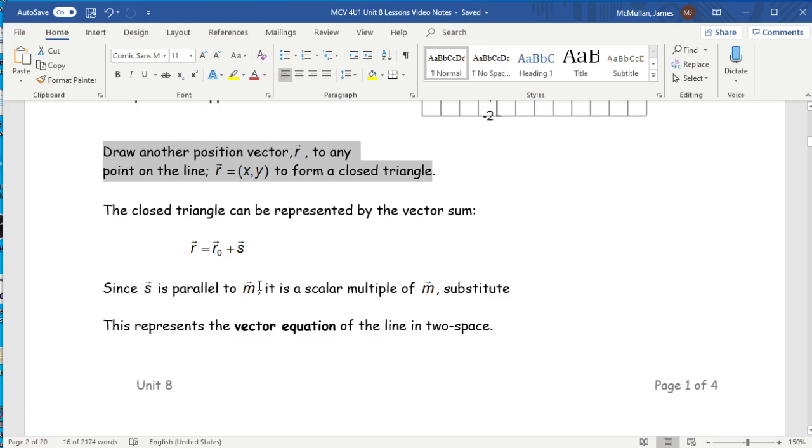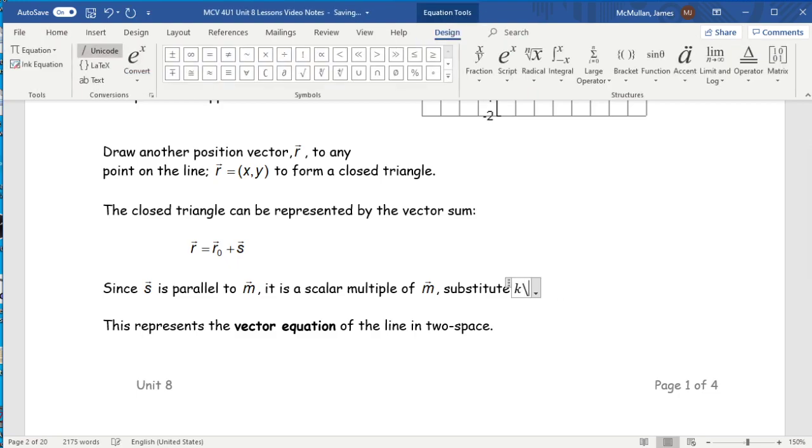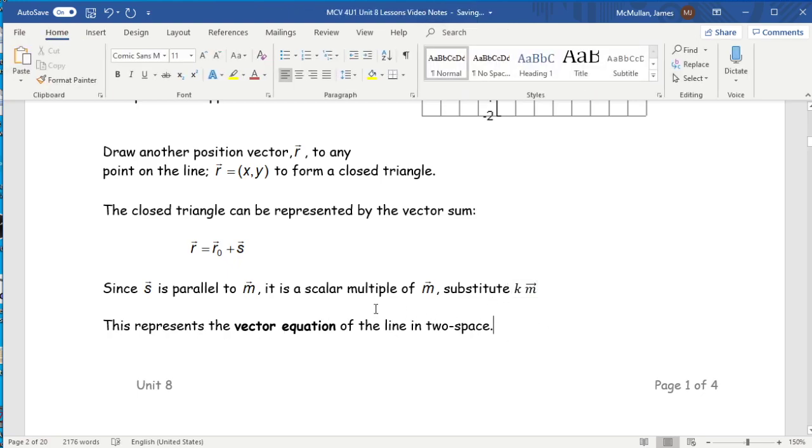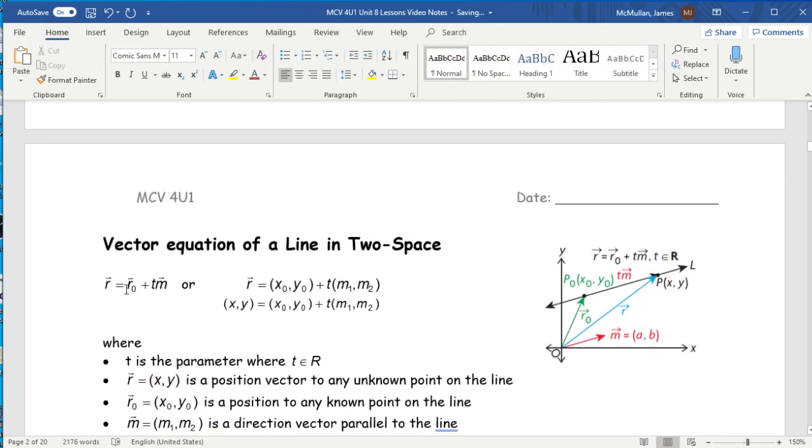S is parallel to M, and it is a scalar multiple of M. So again, we're just replacing S with K times M, right? And that's the equation of a line in 2 space. They're going to use T as their parameter, which I'm going to start doing as well.